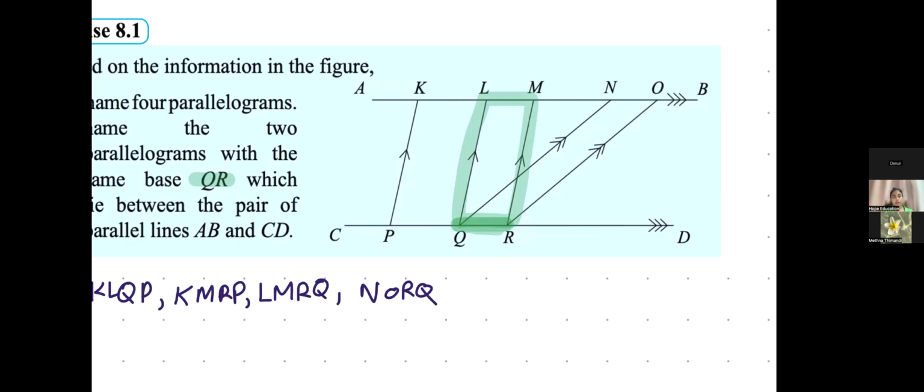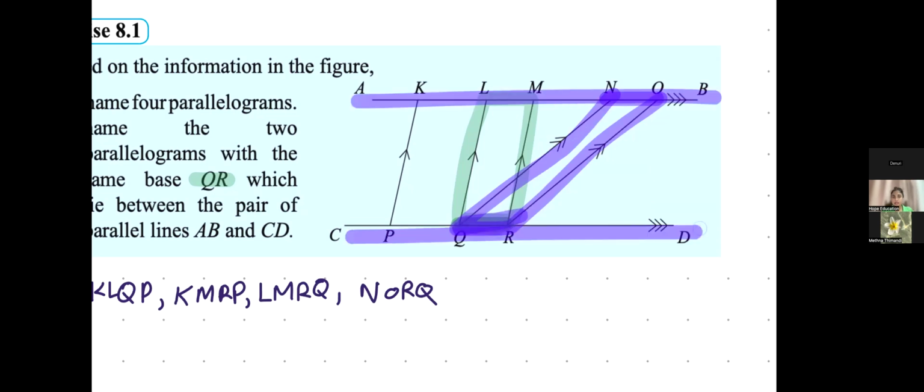But on the other hand, NORQ. If you take NORQ, one of its bases is QR. This also lies between AB and CD parallel lines.